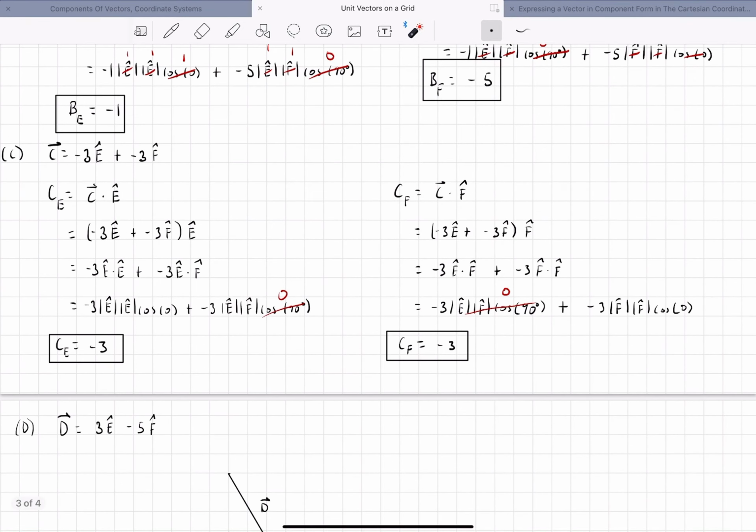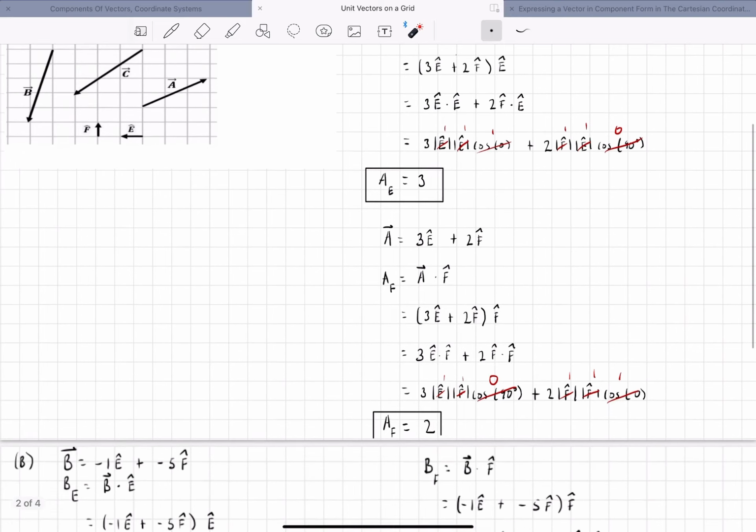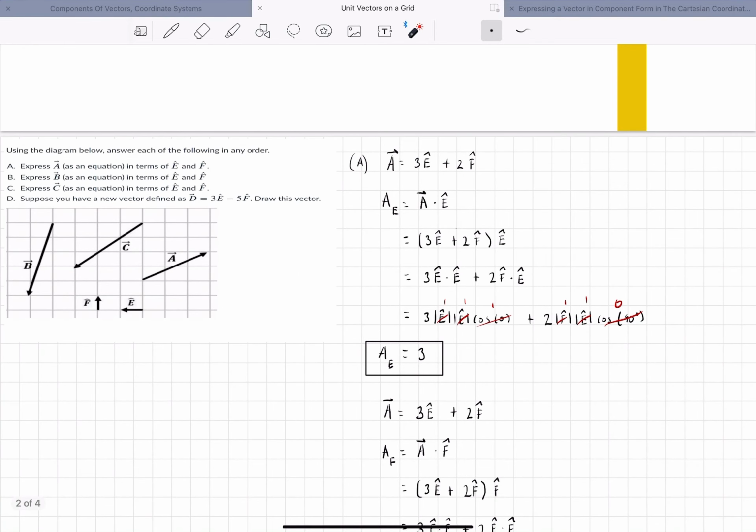So this is why we have B sub E is equal to -1, B sub F is -5. And part C, C sub E is equal to -3, C sub F is equal to -3 also, because they're both going down and to the left 3 squares in each direction.